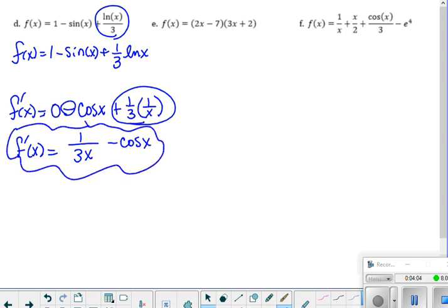Yeah, so often you'll see textbooks write it out that way. I think you will also see the AP do that quite often, rather than leading with that negative cosine x plus 1 over 3x. Not that it's wrong, it's just I would say most of the time they're going to format it like that.